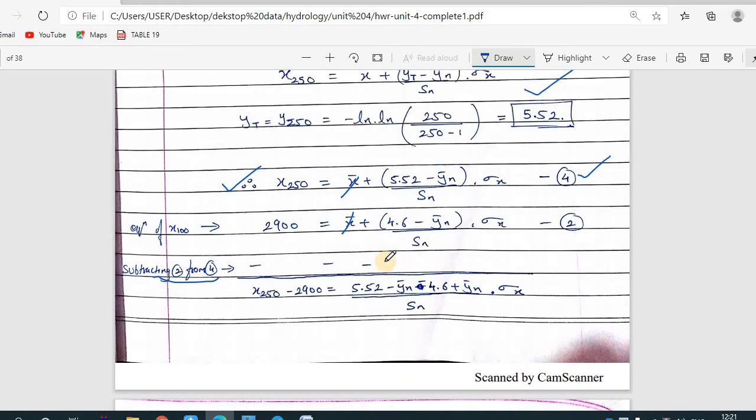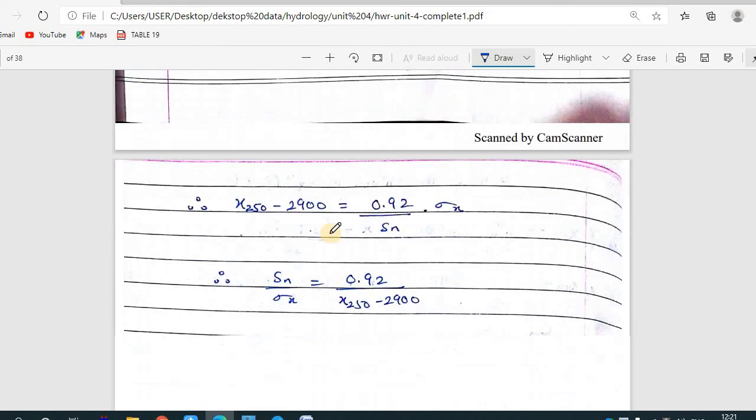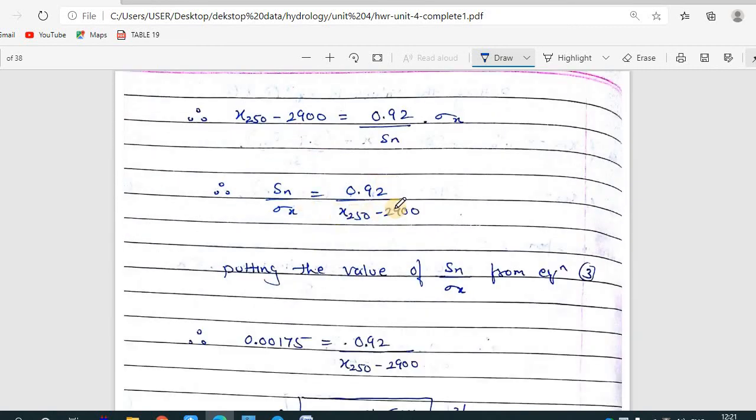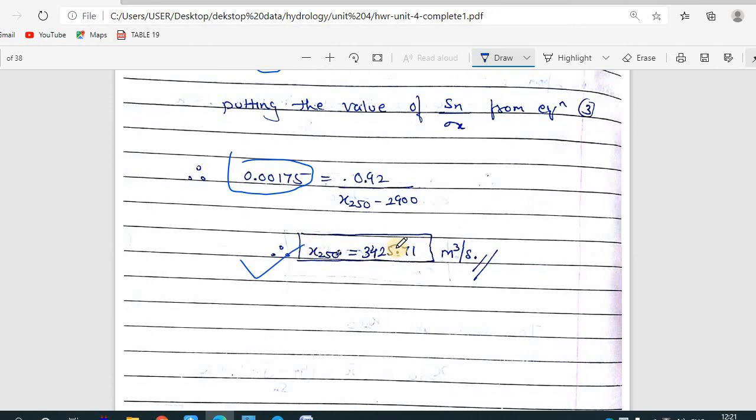So this will be 5.22 minus 4.6, that will give you 0.92. Okay, this y bar n will get cancelled. Over here we are left with sigma x by Sn. So we can rewrite this equation as Sn divided by sigma x equals to 0.92 divided by x250 minus 2900. So we have got the value of Sn by sigma x, which was coming out to be 0.00175. So from here we can calculate the value of x250, which is coming out to be 3425.71.